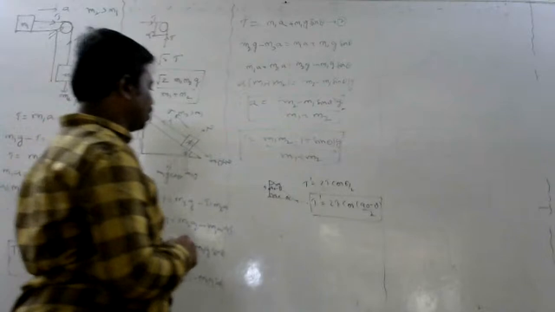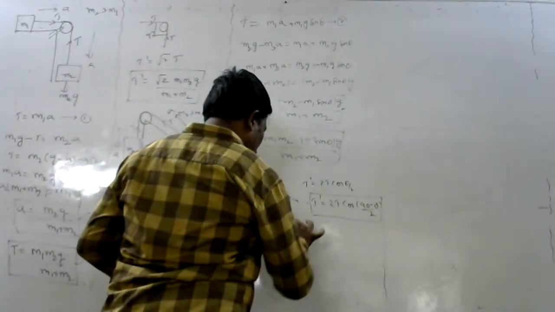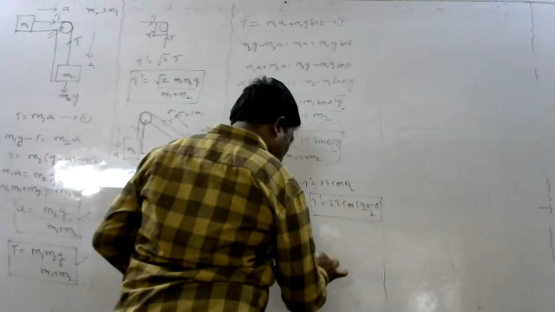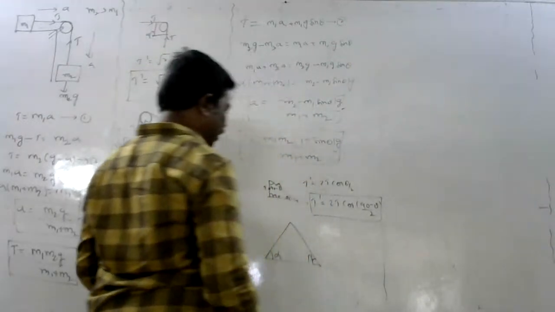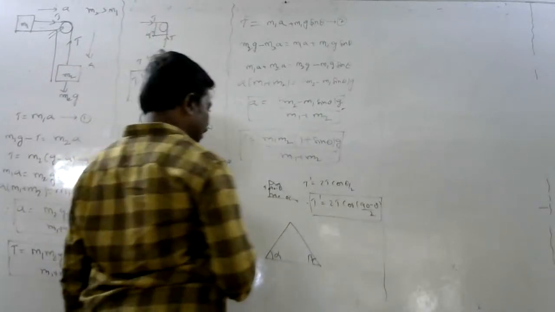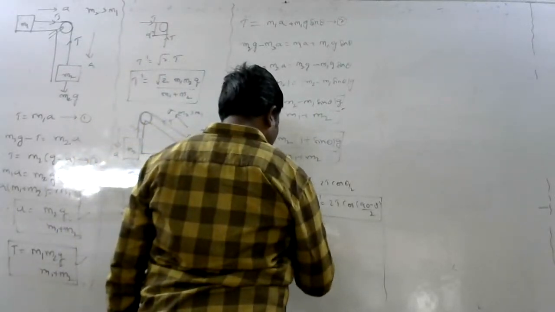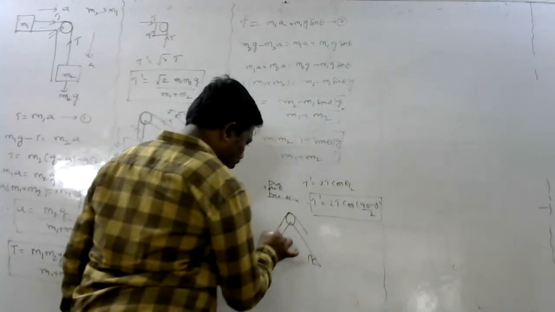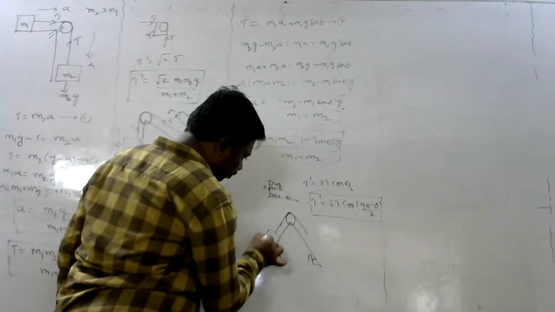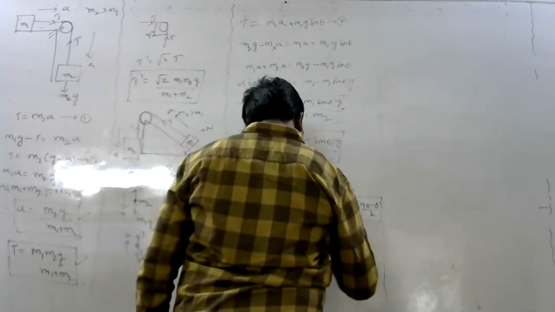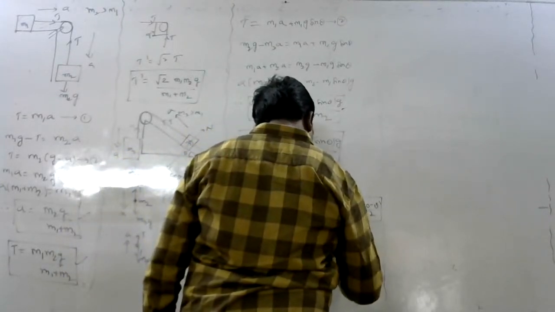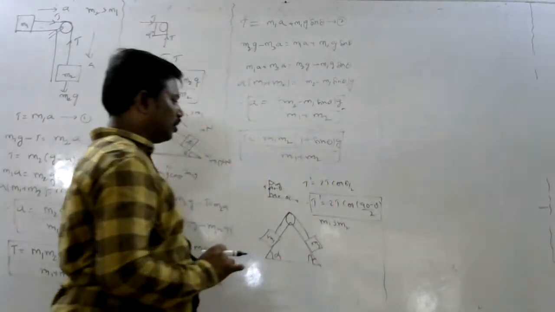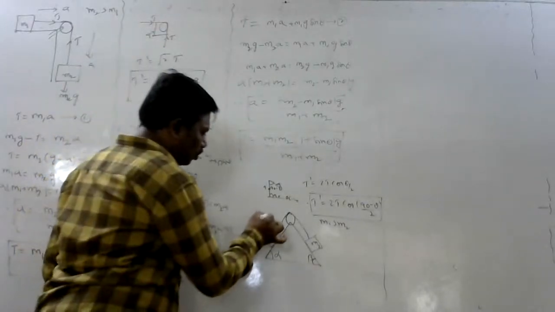And another application: we have two base angles, this is alpha and this one is beta. Here we consider a pulley and one string like this. This side has mass m1 and this side is connected to mass m2. Here m1 is greater than m2.